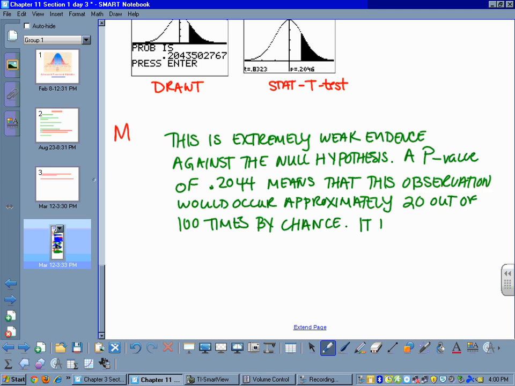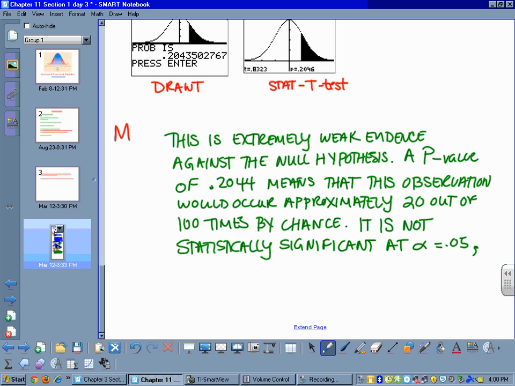It is not statistically significant at alpha equal 0.05, and that's because, and this is important, the AP people take off a lot of points, 0.2044 is not less than 0.05.